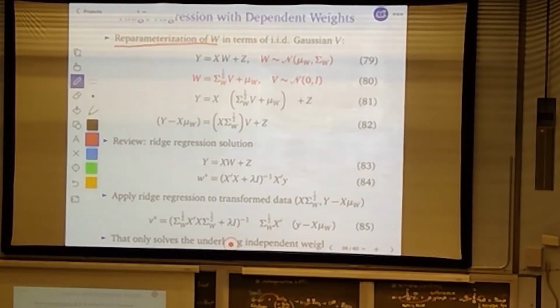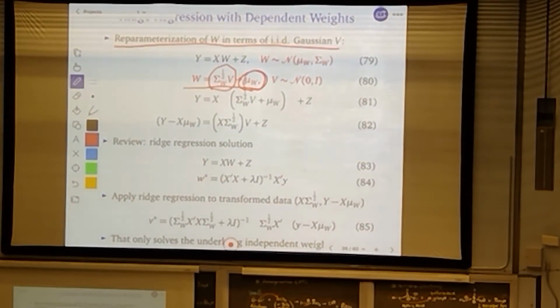In this case, likewise, we can reparameterize W in terms of IID Gaussian V. Of course, you might have some prior belief about the weight, the mean weight. So it's more general: some linear transformation of some IID Gaussian plus the mean. And this is your generic Gaussian PDF.